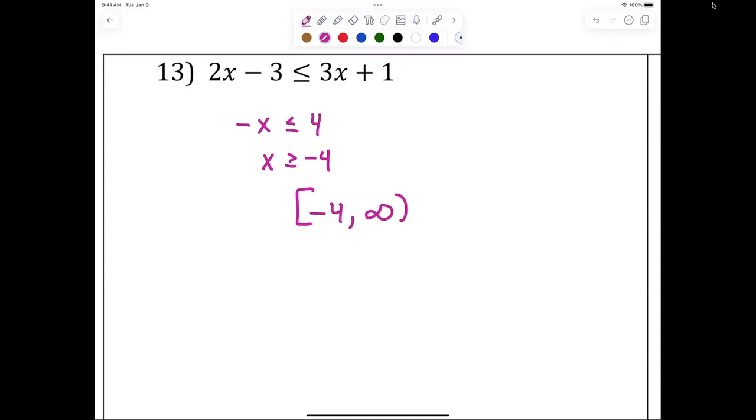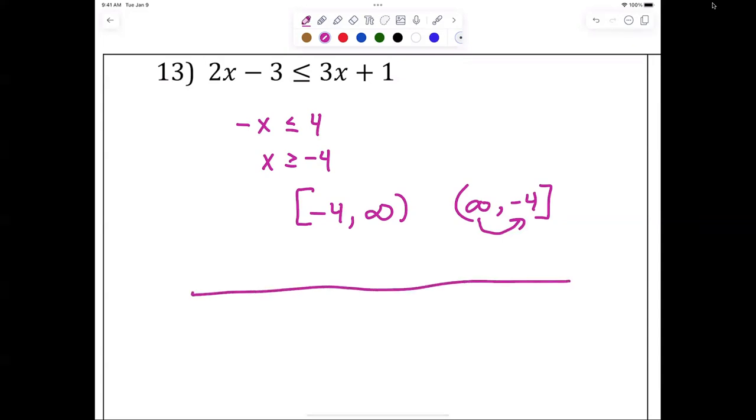Look, here's what some of you are going to do. Look up on the board what he said. This technically is exactly the same thing. But in math, infinity is greater than negative 4, so they need to be switched. You always read numbers from left to right.